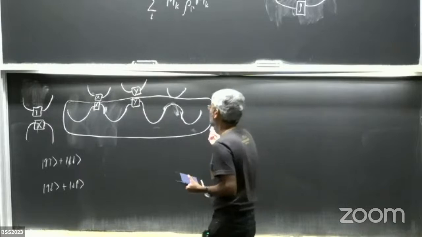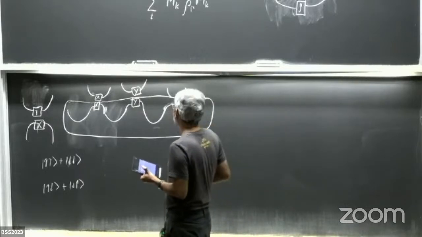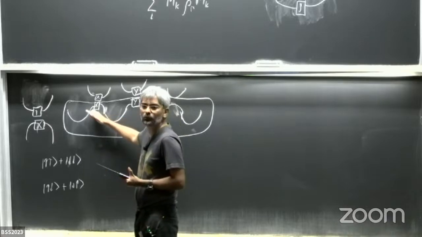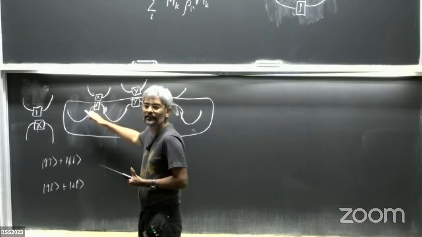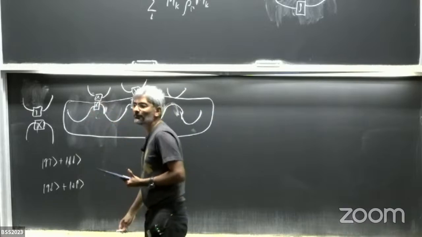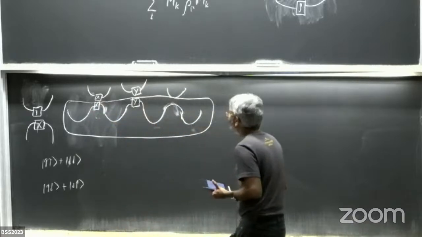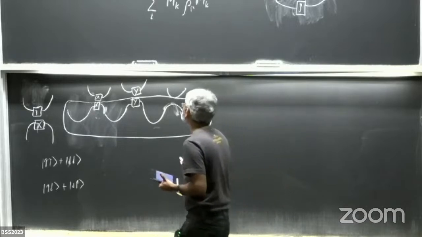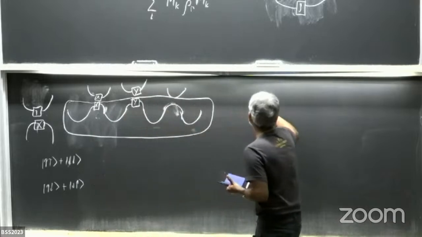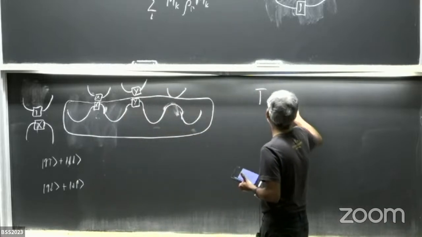Okay, and now what you do in teleportation is this. If you didn't know what these outcomes were, you wouldn't know what to do, and you'd just have a channel, because you're throwing out the outcomes, so you just have a maximally mixed state. But if you do know what the outcomes are, then it's helpful to define a target.